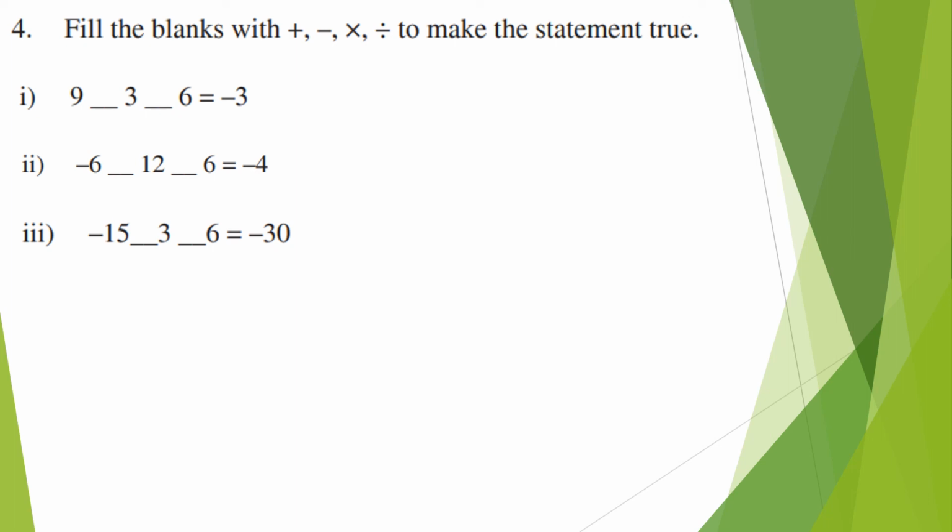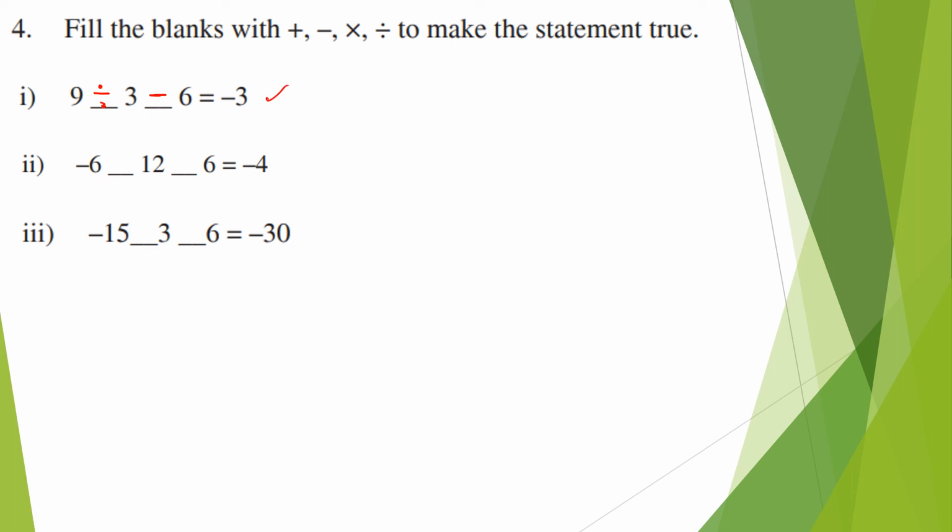If we subtract both, 3 minus 6 is minus 3, right? If we divide 9 divided by 3, that is 3, and 3 minus 6 is minus 3. So the suitable symbols are 9 divided by 3 minus 6 equals minus 3. Okay, so that statement is true now.